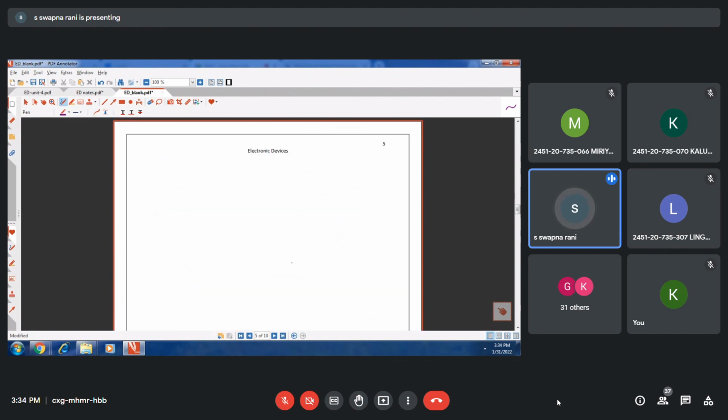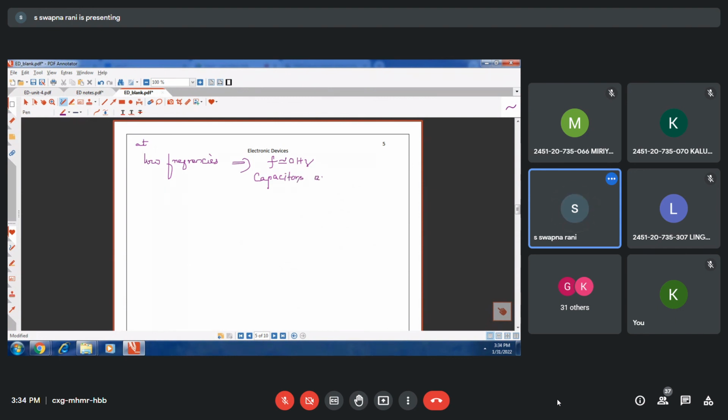Now suppose low frequency; we will see at low frequencies. Let us assume that f is approximately equal to 0, near 0 hertz. So do the capacitors act like open circuit or short circuit?